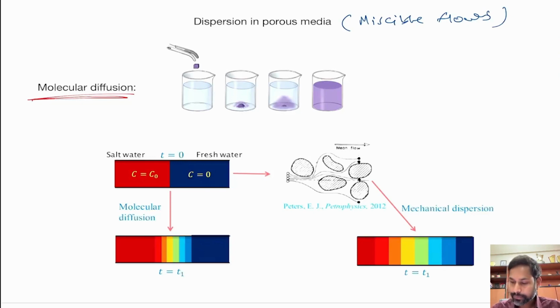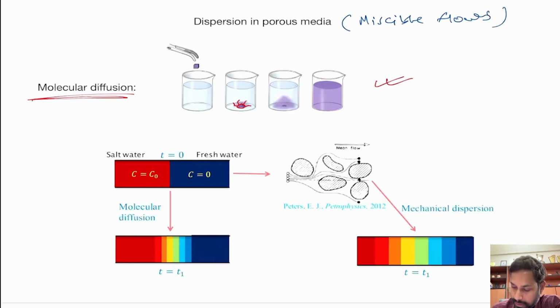So to understand dispersion in porous media, we first need to understand molecular diffusion. And to understand molecular diffusion, let's take this example which we have already considered in the introduction of the lecture. If you take a sugar cube and put it in fresh water, you will see that with time this sugar starts mixing with water.